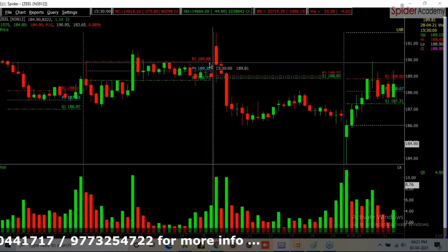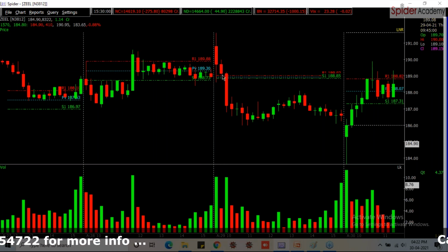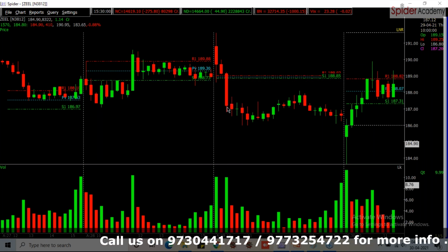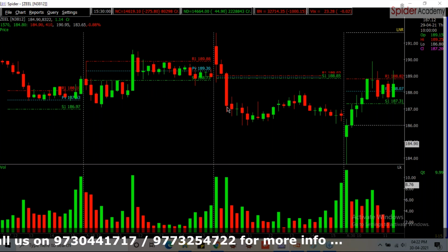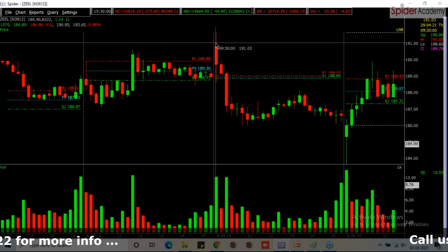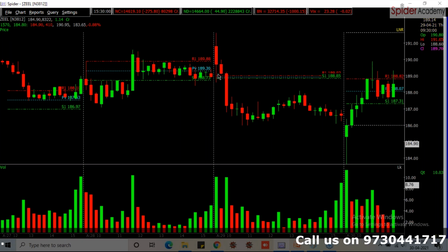It actually challenged this particular level and got reversed. So here, as we can see, by the time it got confirmed, it had sharply moved downwards. But right now, as we know, it has sharply come up and closed downwards. We can take a small risk over here.